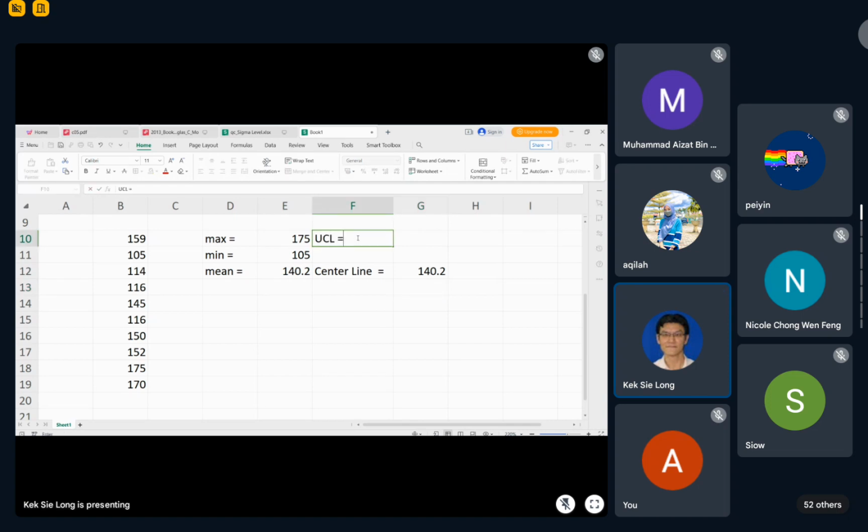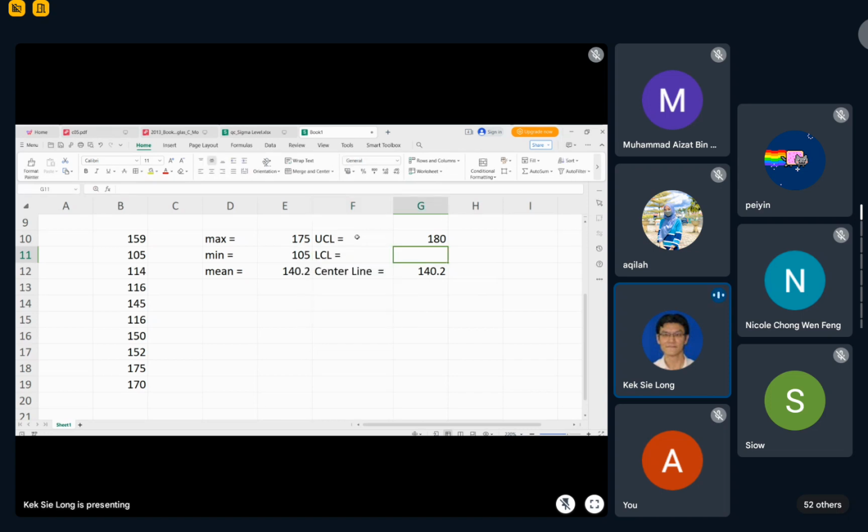Upper control limit. As I said, we don't want to keep 175. We consider one value greater than that, maybe I take 180. Lower control limit.